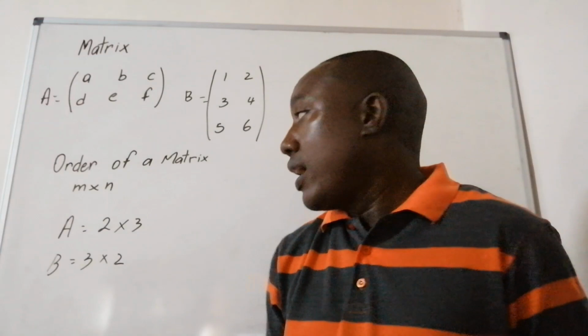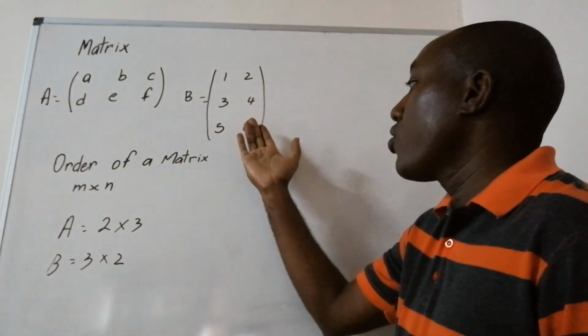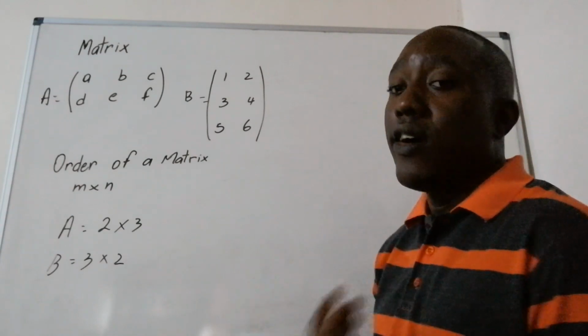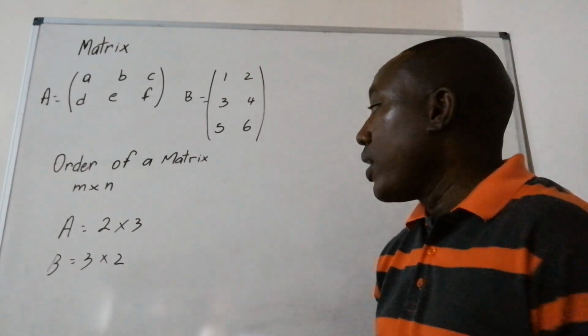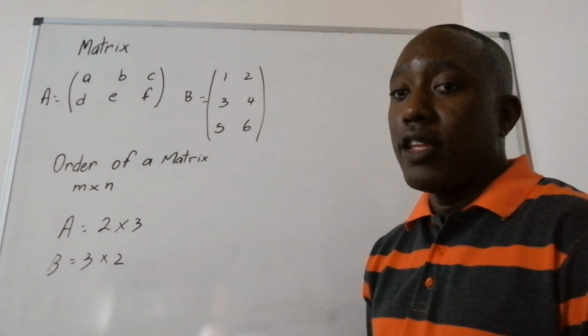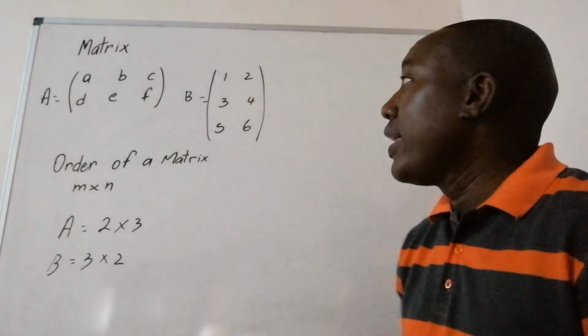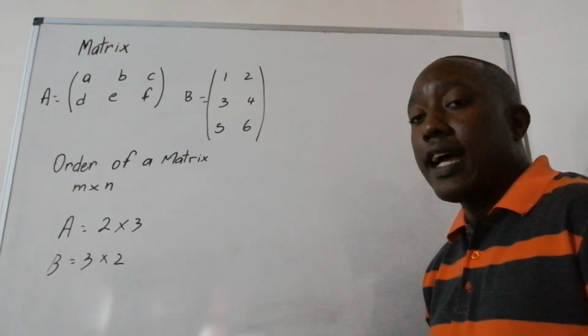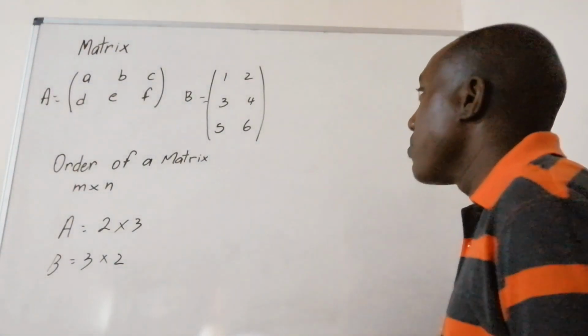I cannot add these two matrices, because their order is not the same. Here we have a 2 by 3, here we have a 3 by 2. So in this case, we cannot add the two matrices. Remember, the order must be the same.